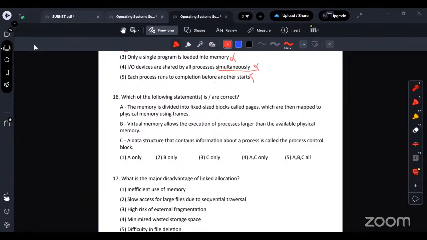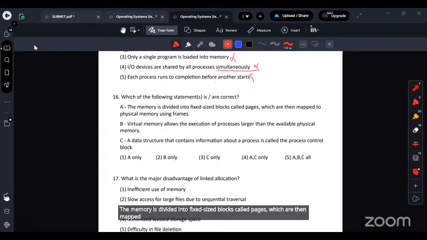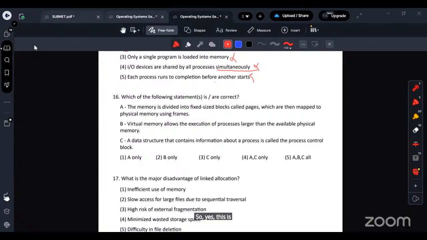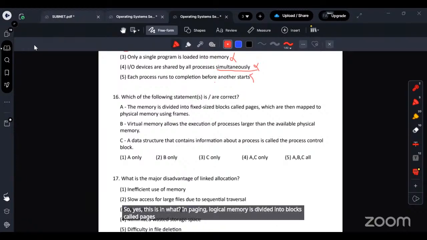The memory is divided into fixed size blocks called pages, which are then mapped to physical memory using frames. In paging, logical memory is divided into blocks called pages, while physical memory RAM is divided into same size blocks called frames. So that is correct.